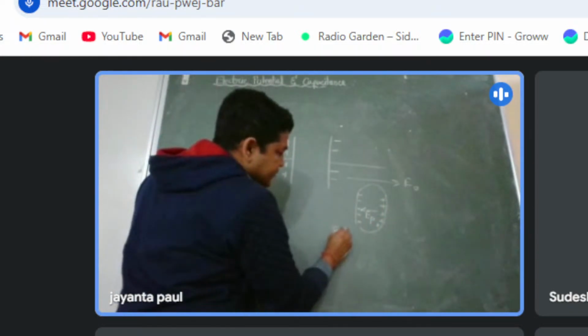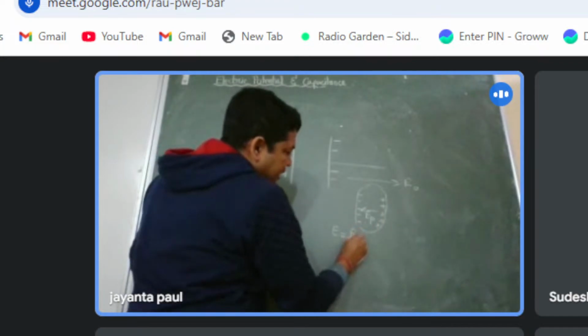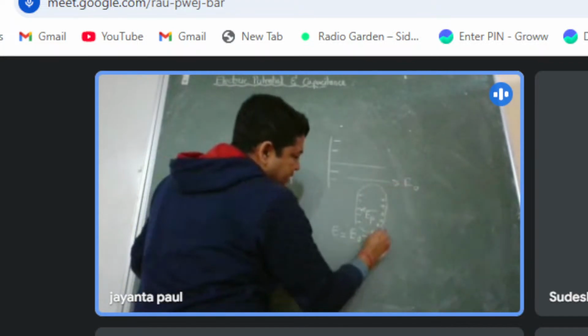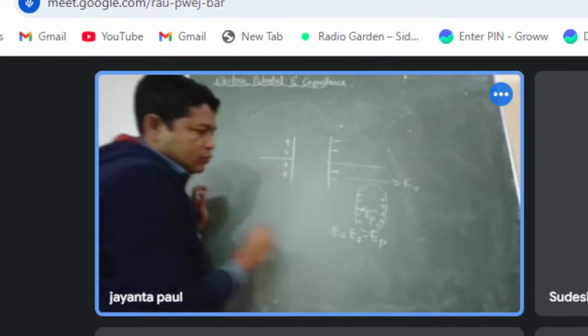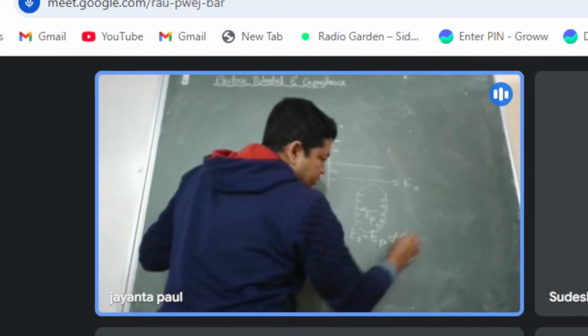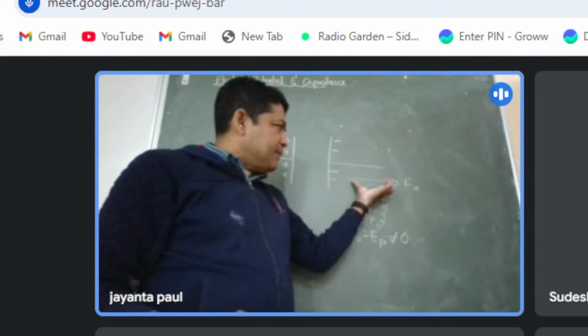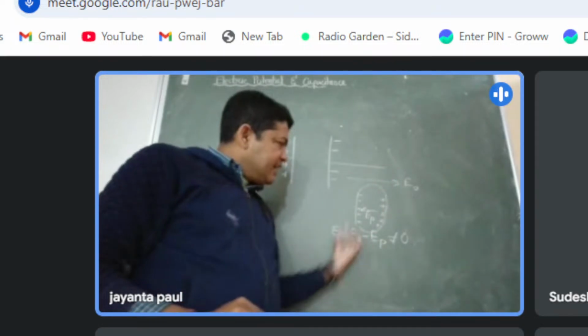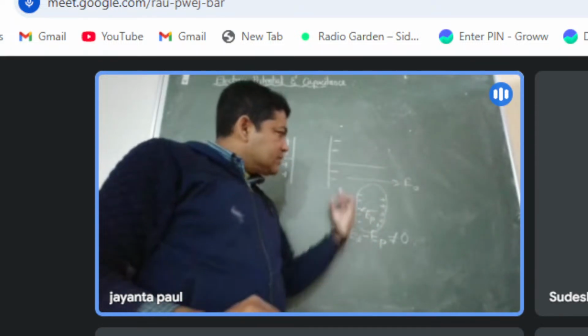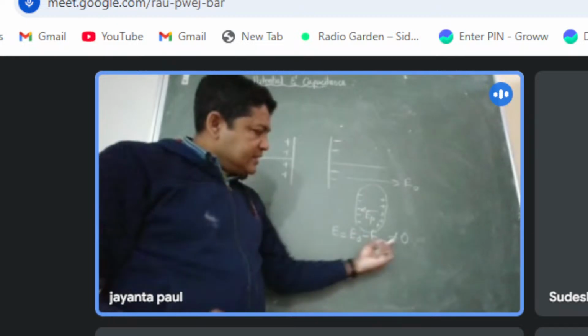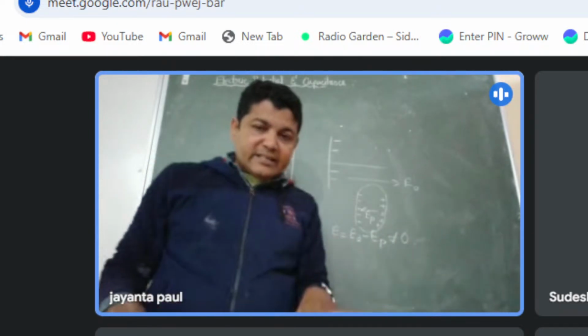The net electric field becomes the external field minus the polarized field, so this is not equal to 0. This polarized field is very small compared to the external field, so there is a net electric field along the direction of the external field. It is not equal to 0 in the case of dielectrics.